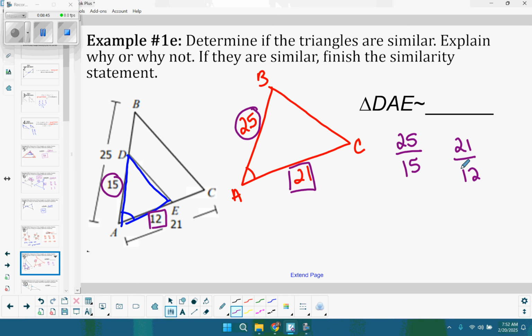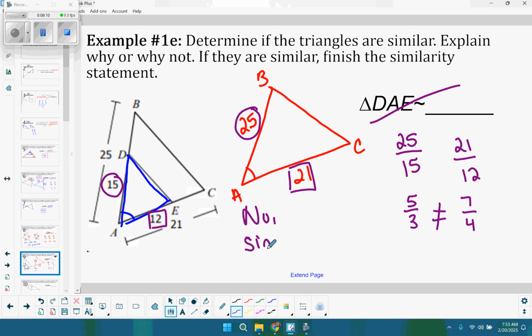Again, I could either divide or reduce. If I reduce, this divides by 5, 5 over 3. This divides by 3, so 7 over 4. They're not the same. So this is no again for the same reason.